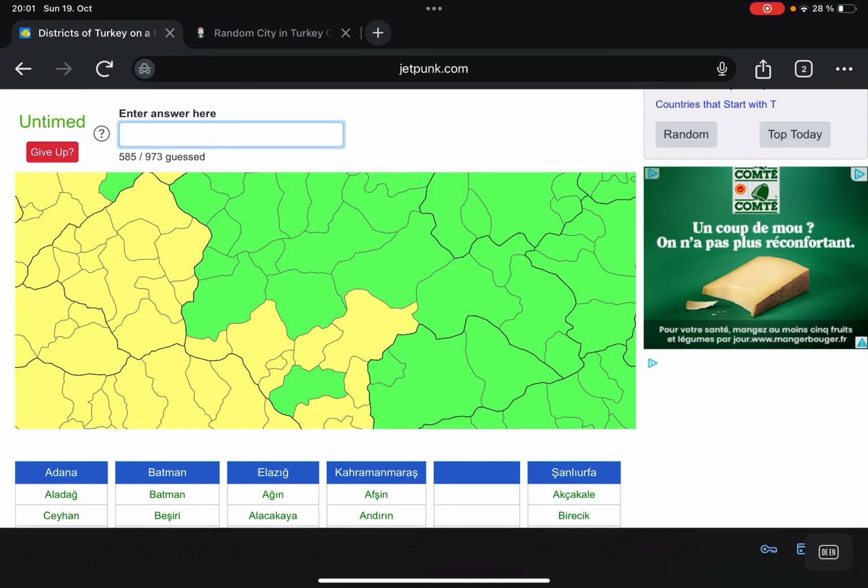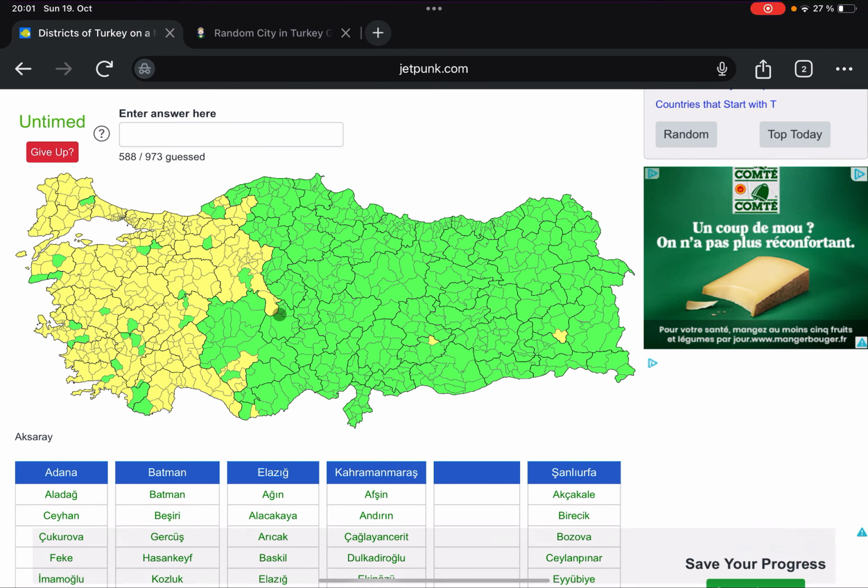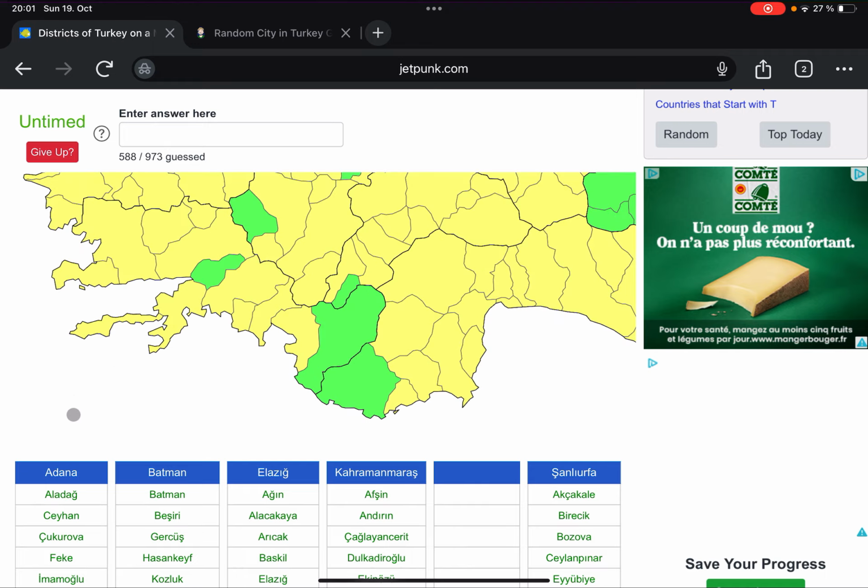Derbent. Derbent, by the way, I think, is the southernmost city in Russia, in the Republic of Dagestan. So funny coincidence there. We have Derebucak, Seydişehir, not Seydikemer, sorry, and Seydikemer is of course one of the districts in Muğla province.